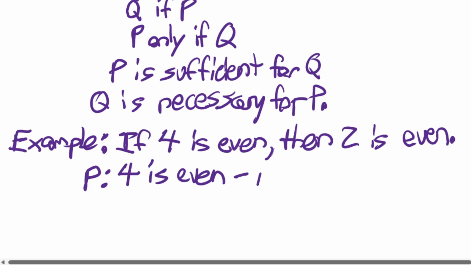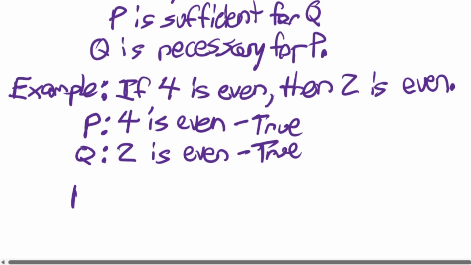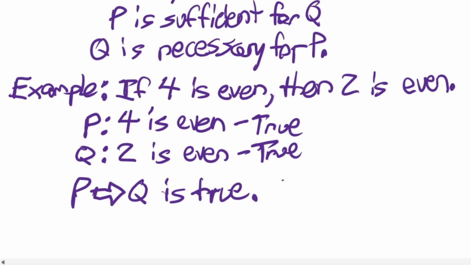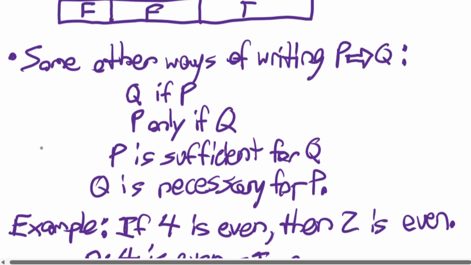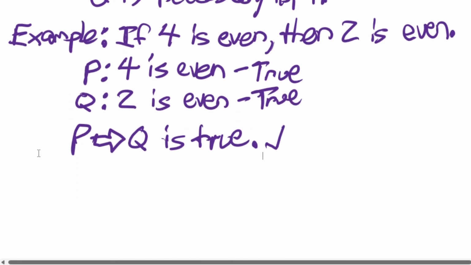Well, that statement is true. Let's say that Q is the second statement, 2 is even. And that is true. So P implies Q is true. And of course, we can also refer back to the truth table, and we can see that when P is true and Q is true, then P implies Q is true.